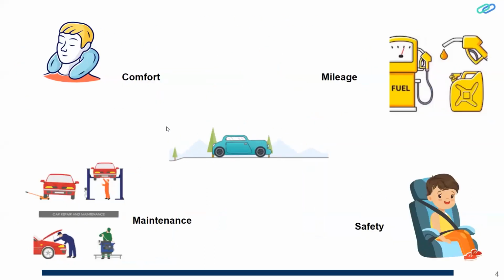What are the major things that you typically see when you buy a product? Let's say you or I are going to buy an automobile, or a car. There are some things that we look at. We look at how comfortable it is, what mileage my car is giving, how frequently I'll have to look at the maintenance of the product, how safe my automotive component is, etc. There are a lot of things that you look at.